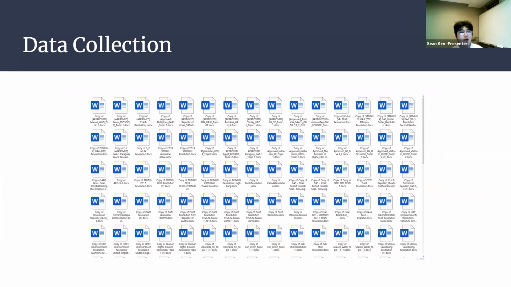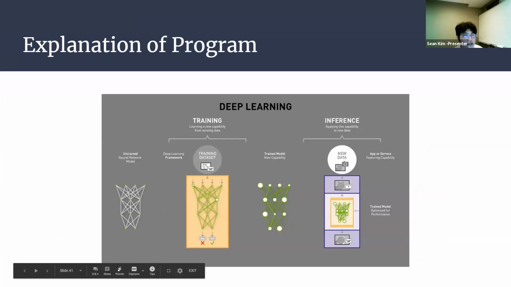Although 200 resolutions is actually not a lot in order to train an AI, because oftentimes training an AI requires tens of thousands or even millions of data sets, because MUN resolutions are in nature very specialized documents and are very hard to find, I had to just work with 200.